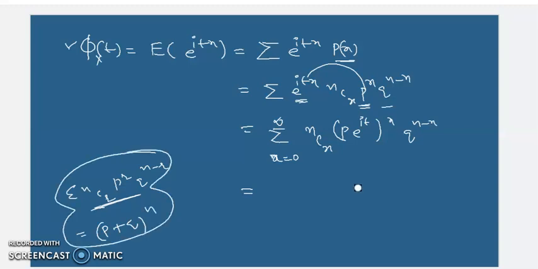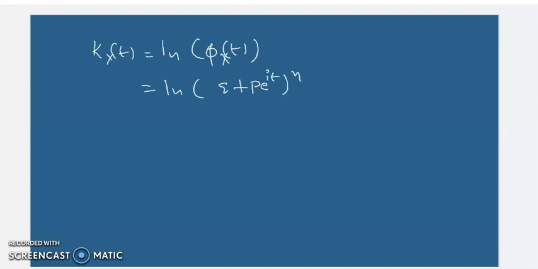So by using the notation we are going to write easily (q plus p e^(it)) whole power n, which is the characteristic function value.